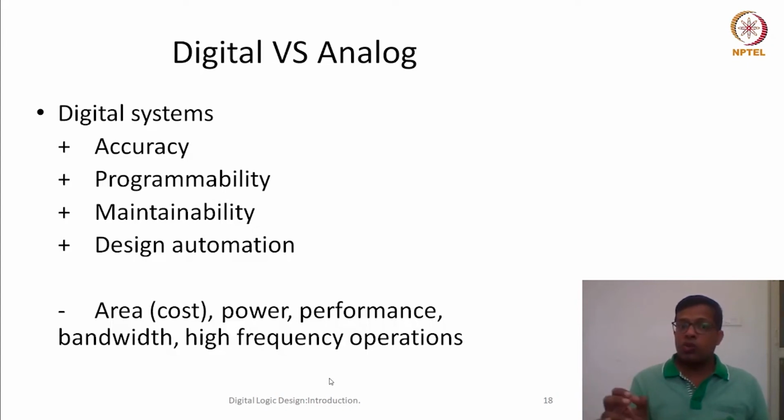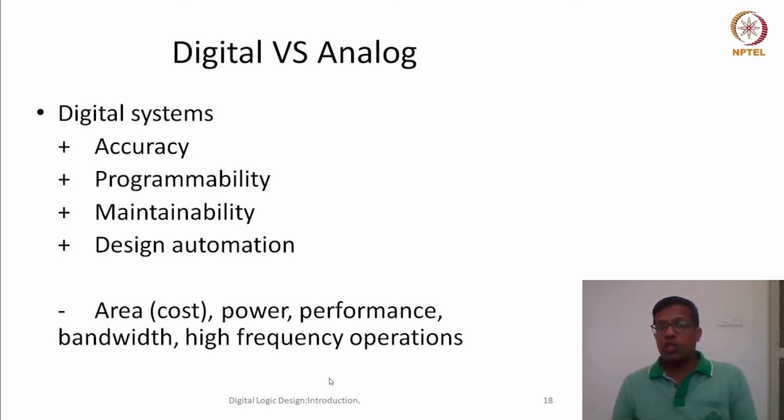Because 0 would represent 0 volt and 1 would represent 5 volt, even though there is some noise or environmental impact, the chances that 1 will become 0 or 0 will become 1 are very, very minimal. But because of this noise, environmental conditions, or transferring the value from one place to another, because of stray resistances and capacitances, there is a good possibility that this 3.5 volt will become 3.6 volt or 3.2 volt.